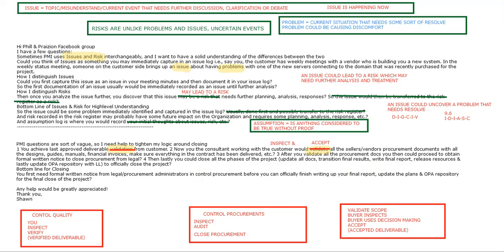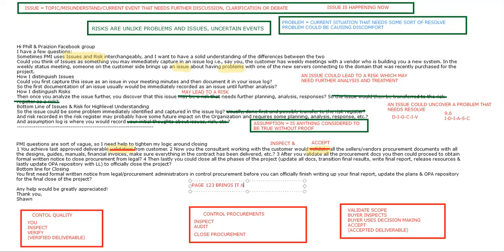What am I talking about? 4.7 in the PMBOK guide, close project or phase, and there's a specific page that really has what you need to be studying, what you need to be doing. And this page is 123, page 123.